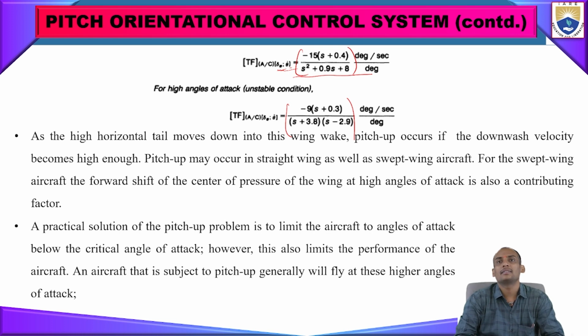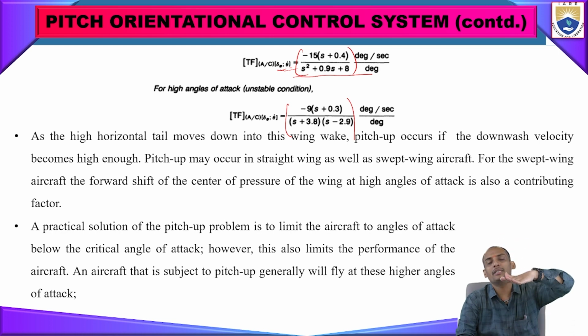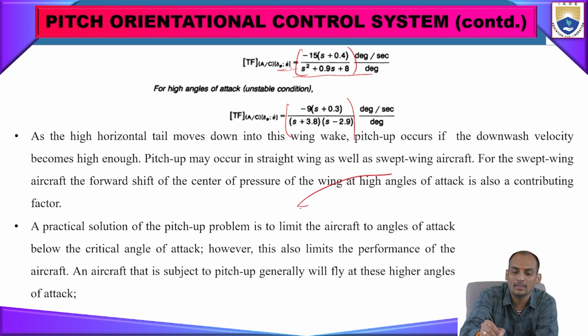Due to this, it occurs with the straight wing as well as the swept wing. For a swept wing, the forward shift of the center of pressure of the wing at high angle of attack is also a contributing factor. Like for a swept wing, what will happen? Whenever pitch is applied to the aircraft, the aerodynamic center will be moving, no? Like we said, this is the aerodynamic center and the center of gravity.